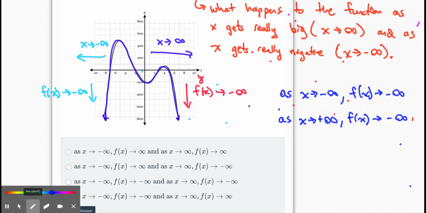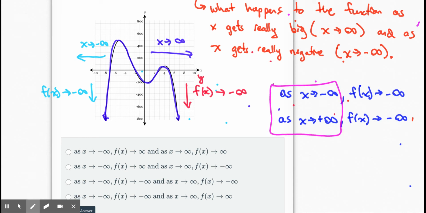So when you're writing these statements, you're not going to actually have to write them here, although if this was a book work assignment, you would need to write them. If you're actually writing these out, this part never changes, because we're always going to identify as x goes to negative infinity, what's happening to the function, and as x goes to positive infinity, what happens to the function.